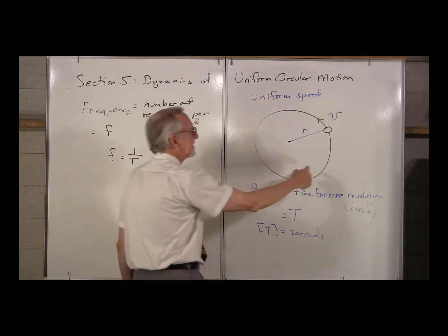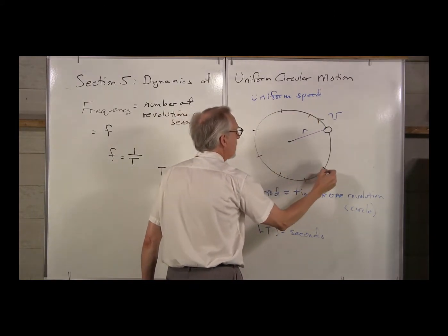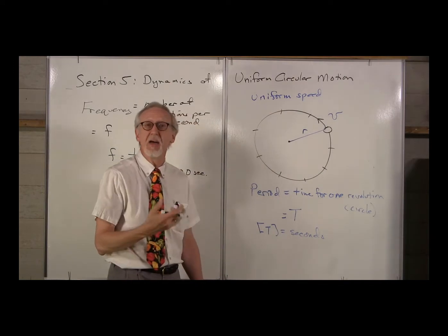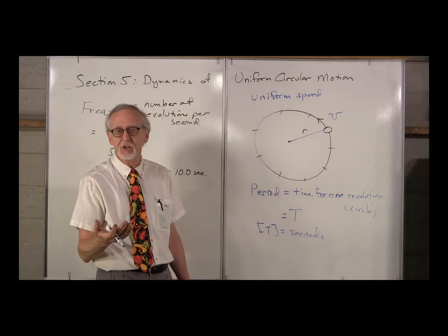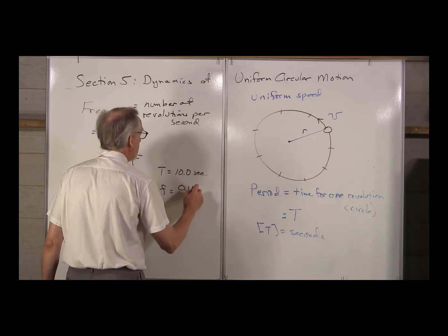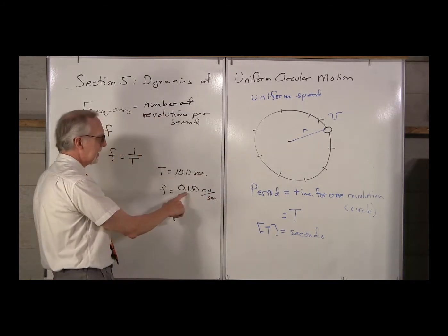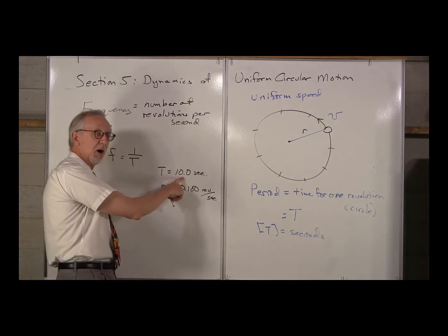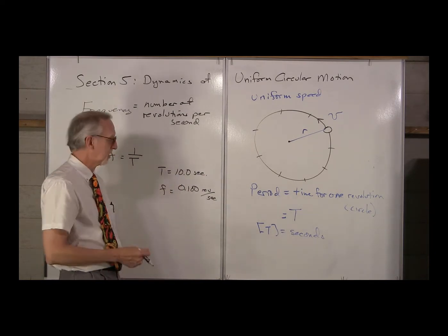If it takes 10 seconds to go around the circle, it's only going to make it around 1/10 of the way every second. So the frequency is 1/10 of a revolution per second, or 0.1 revolutions per second.